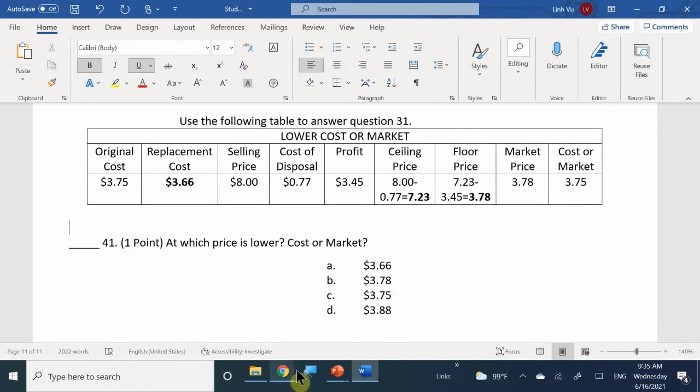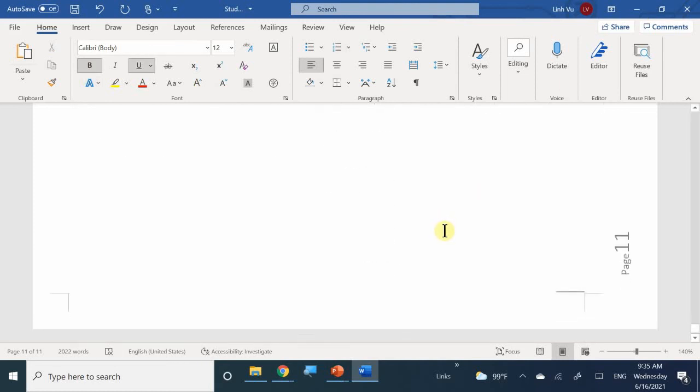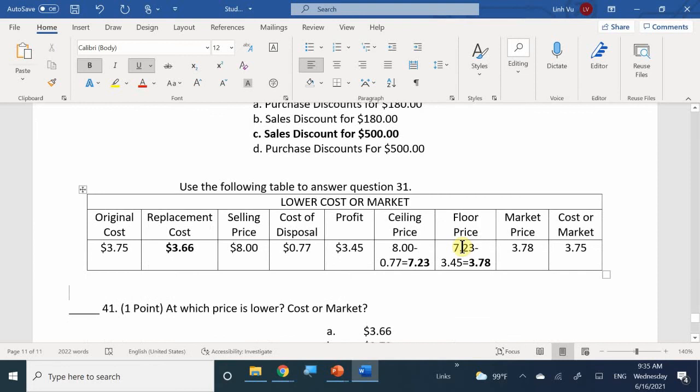In this case, the cost of market. 3.75. Oh, okay. 3.75. No worries. All right, so 3.75, that's what we solved for. All right. And that is it. That's exactly what's going to be on the exam.